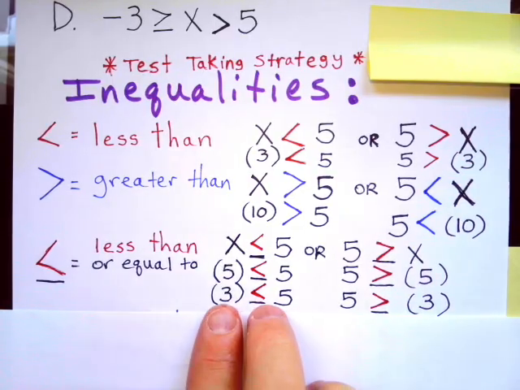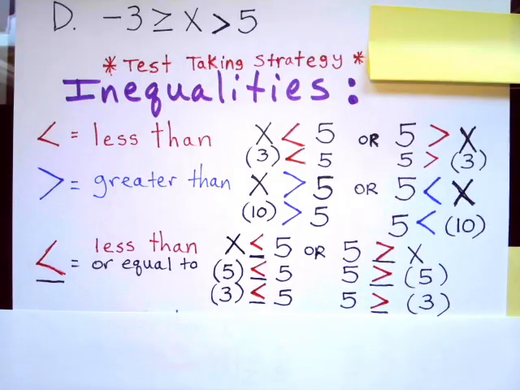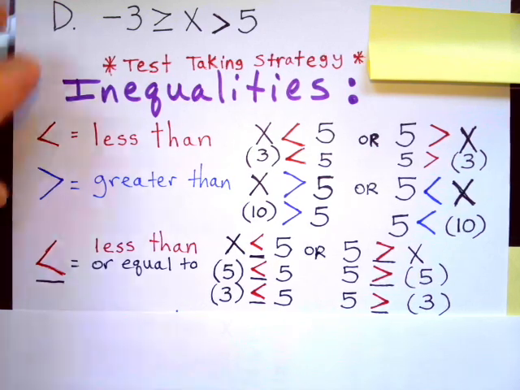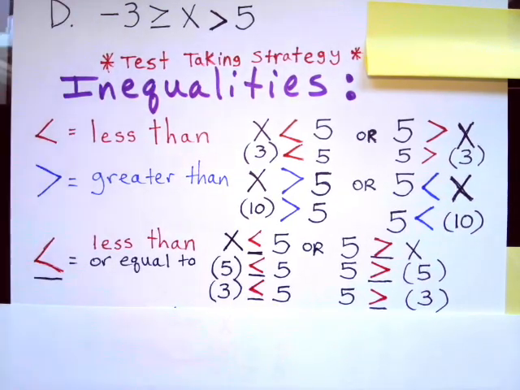And if you took that and flipped it over, where now 3 is at the opposite end, the inequality is pointing in the opposite direction, the 5 just stays where it's at, you're saying 5 is greater than or equal to 3. $5 is greater than or equal to $3. Hey, I'd rather have $5 than $3 any day of the week.